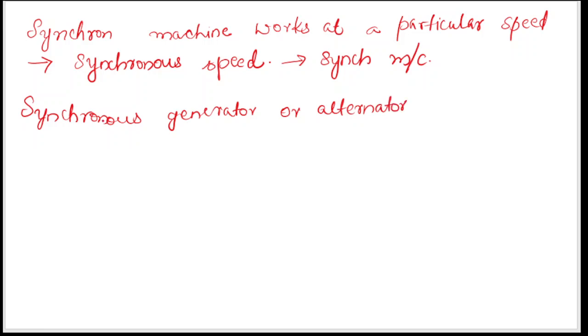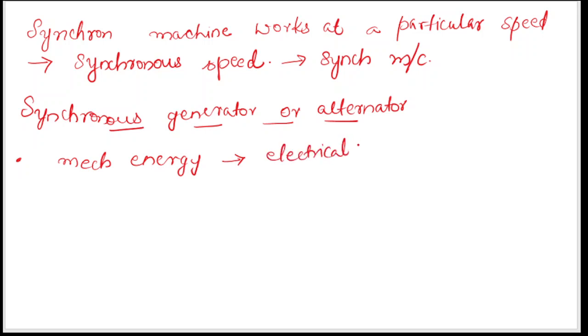So what is a synchronous generator? A synchronous generator is a doubly excited generator that converts mechanical energy into electrical energy. We all know that a generator converts mechanical energy into electrical energy.